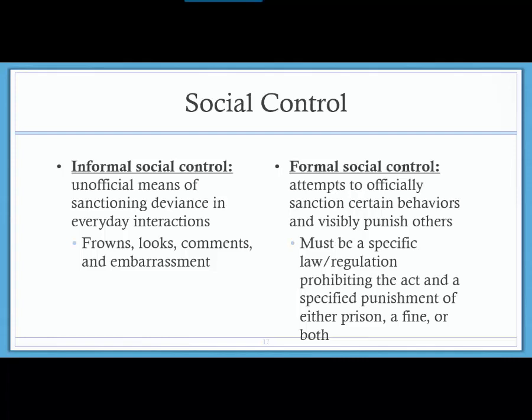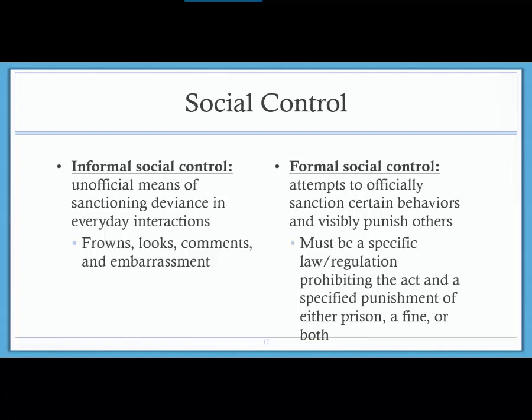Formal social control is attempts to officially sanction certain behaviors and visibly punish others. And so in order for it to be formal social control, the deviance you are engaging in must be related to a specific law or regulation prohibiting the act.